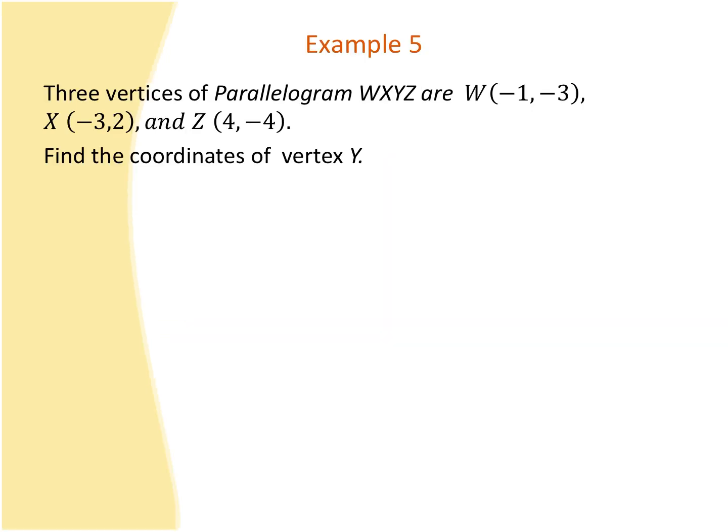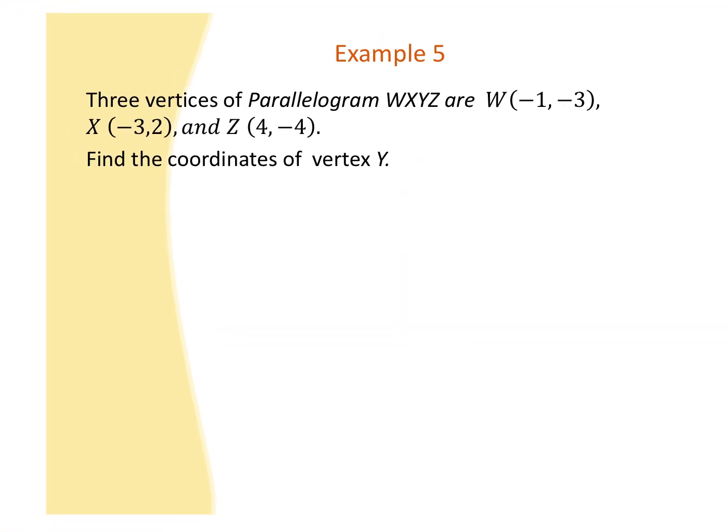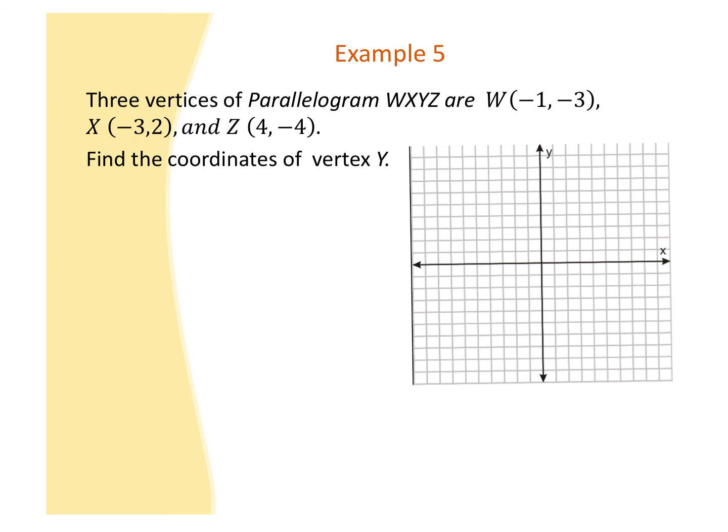So the last example says 3 vertices of parallelogram WXYZ are the following. It wants me to find the 4th coordinate to complete that parallelogram. So I'm going to add in a graph. I'm going to graph W, which is at -1, -3.